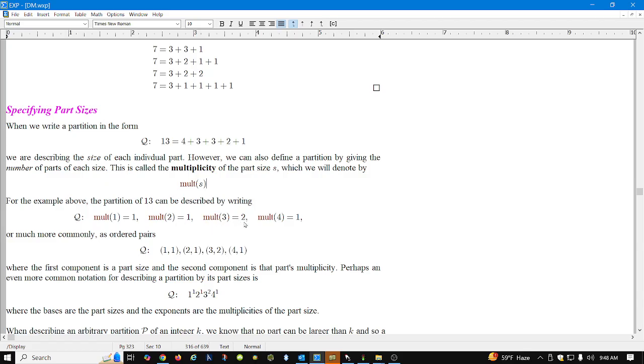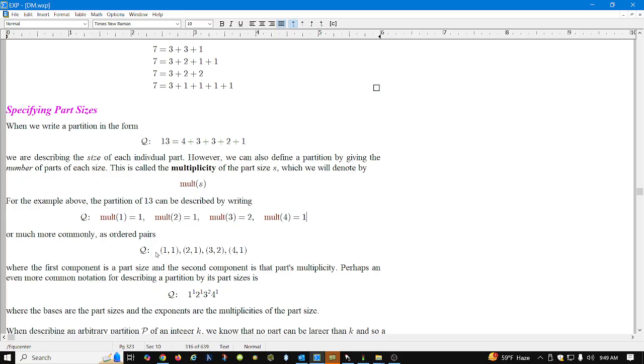Multiplicity of 3 is 2 because there are two parts of size 3, and there is one part of size 4. It describes the same thing, but it does have some very interesting uses. You won't see this written out very often.